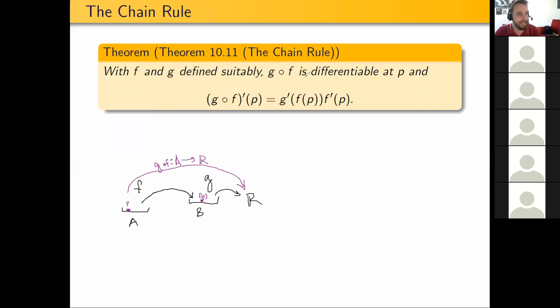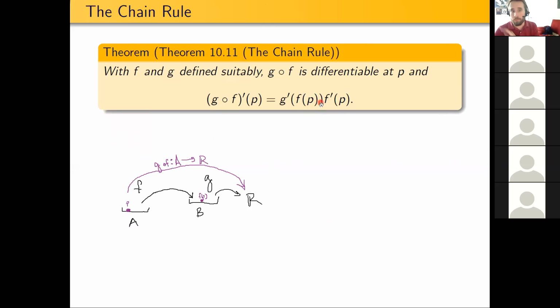But when I say suitably, this is really what I mean: defined in the appropriate manner so that you can create the composition and have the composition be differentiable. So with F and G defined suitably, we're saying that G of F is differentiable and G of F prime is equal to this quantity here.